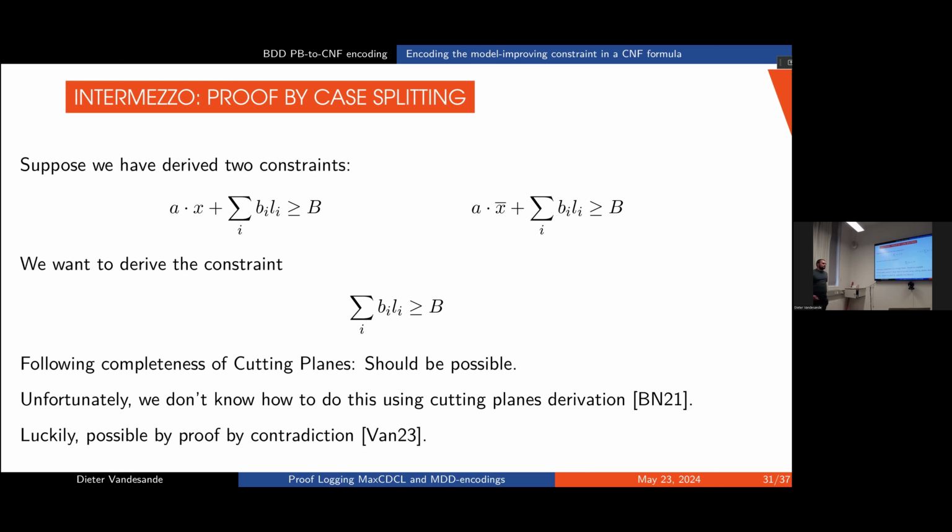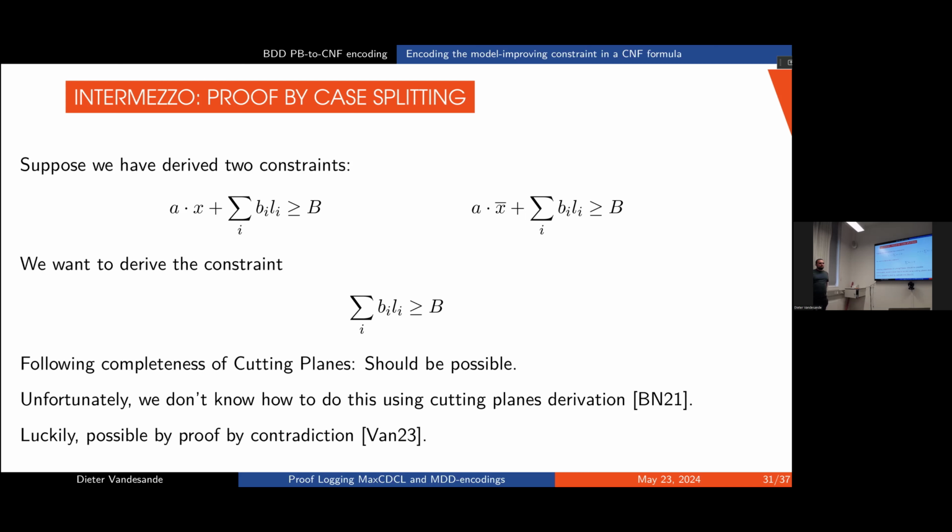But this example is slightly different, and you realize that the problem is that regardless of whether you try to do saturation or division on this one, you're going to pick up a lot of annoying coefficients. You're going to pick up a coefficient 2 here if you just add them up, for instance. If you add them up, you get cancellation of X, but then you get B minus A on the right, and then you get 2 times the B, which is not what you wanted.